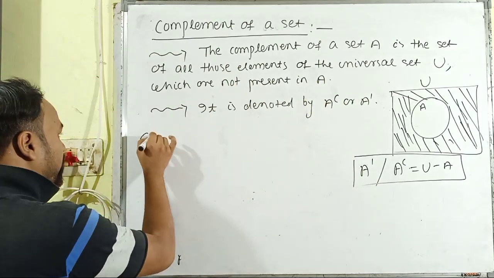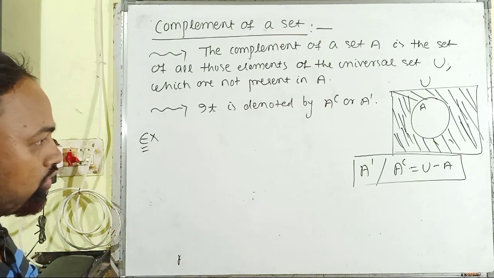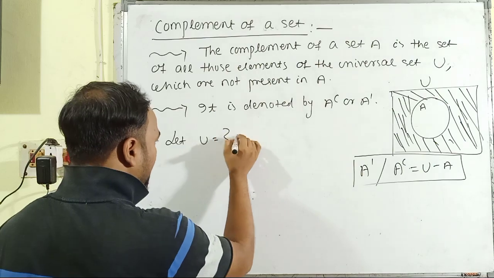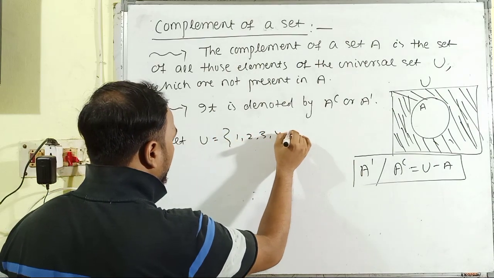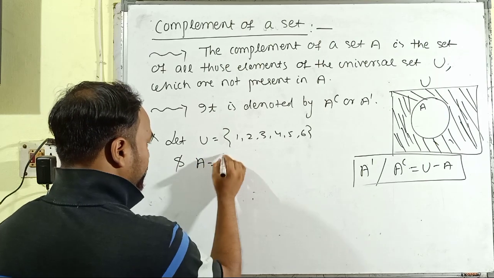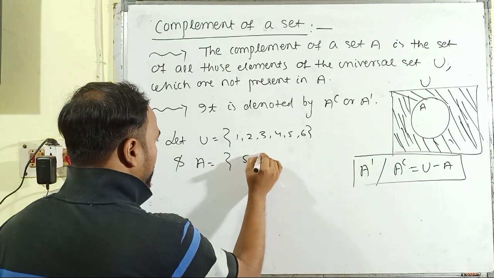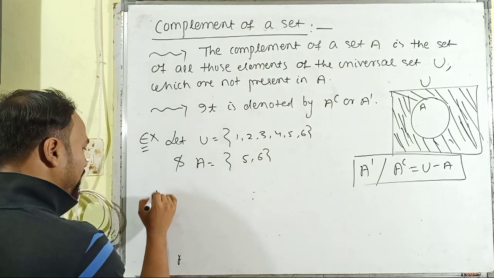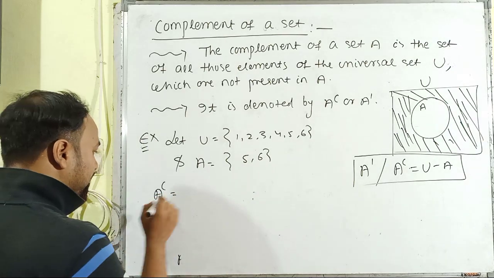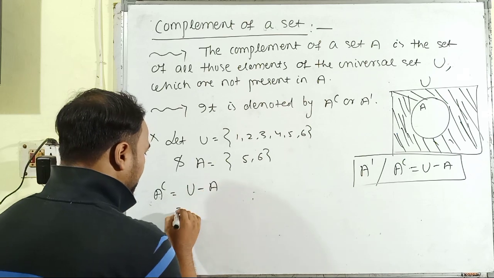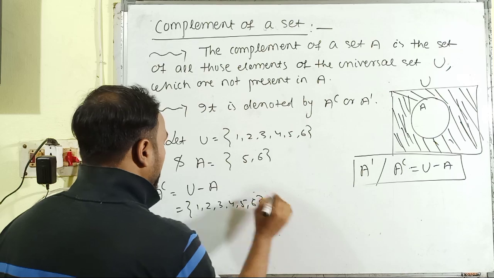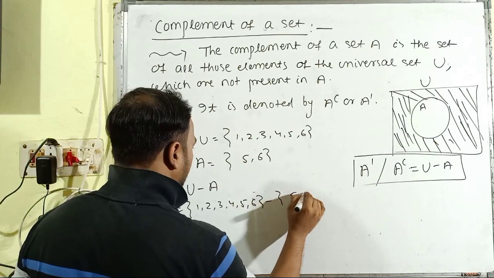Let us take an example so that it will be very much clear to you. Let the universal set be {1, 2, 3, 4, 5, 6} and A is equal to {5, 6}. Then we have to find A complement, and it is defined as U difference A, that is {1, 2, 3, 4, 5, 6} difference the set A, that is {5, 6}.